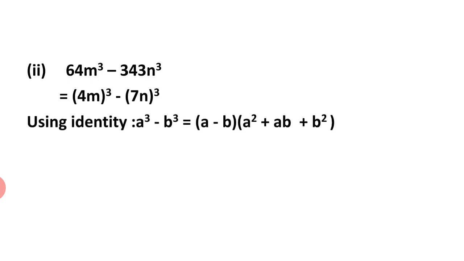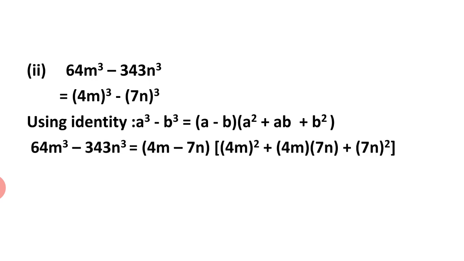Now it is very similar to the identity expression a cube minus b cube, and this identity is a cube minus b cube is equal to a minus b into a square plus ab plus b square. So again a here is equal to 4m and b is equal to 7n. So putting the values, we get 64m cube minus 343n cube is equal to 4m minus 7n, and then 4m square plus 4m into 7n plus 7n square.